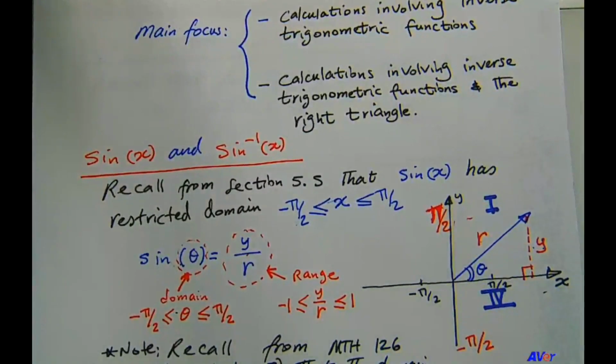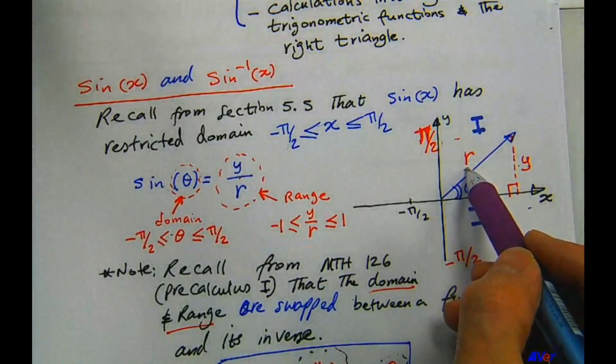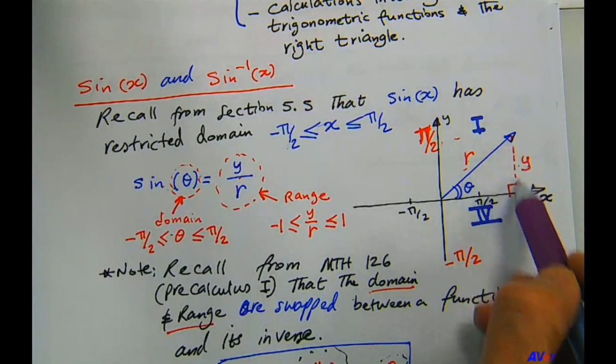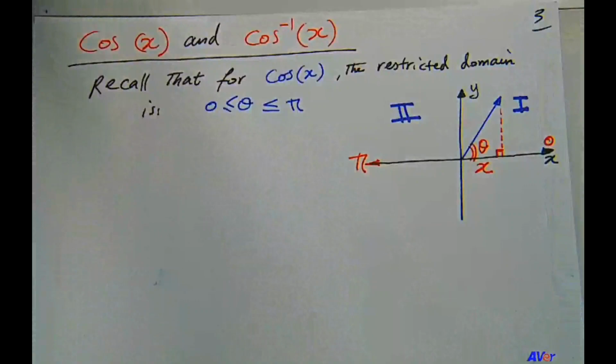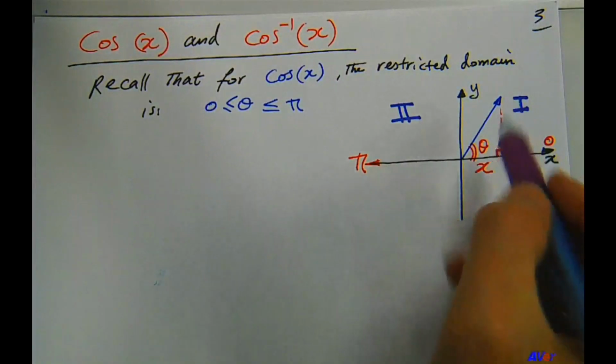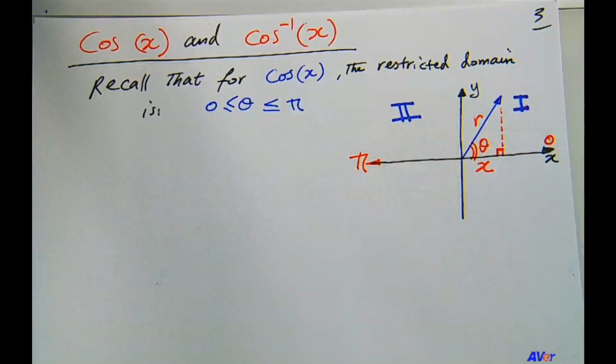For the sine function, we had opposite divided by the hypotenuse. So because this was along the y-axis, we said y over r. That's for sine. For cosine, it's the adjacent divided by the hypotenuse, lowercase r.